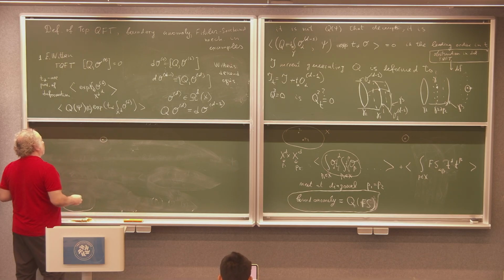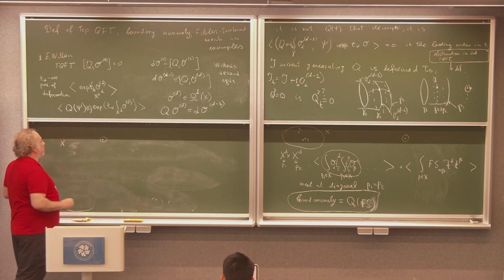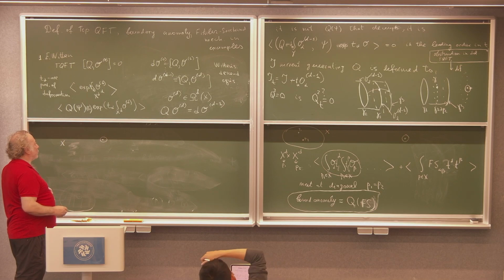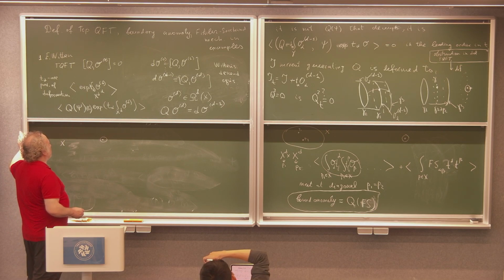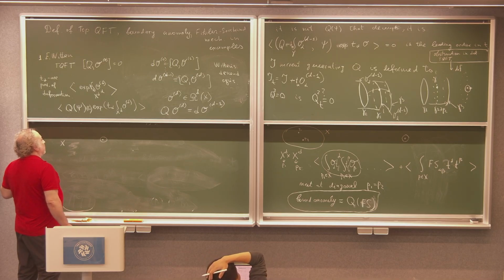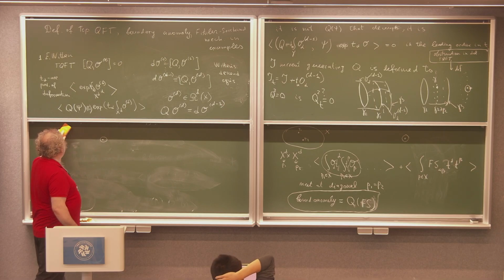So the boundary anomaly is an integral. No. It is a space. So how to draw it? One second.